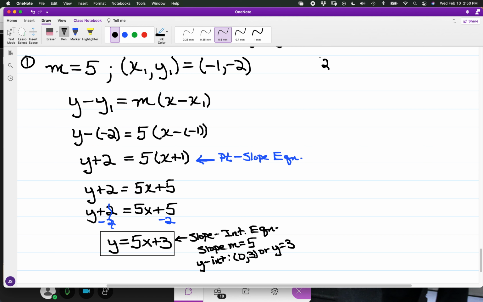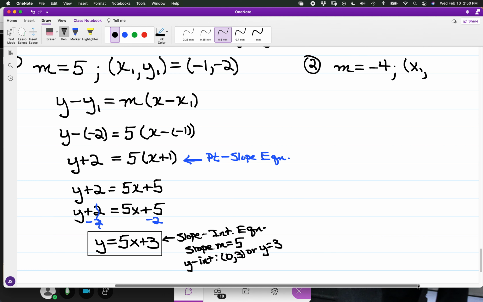Now, another situation: say I have that the slope is equal to negative 4, and this time the point through which the line passes is at (2, 6).